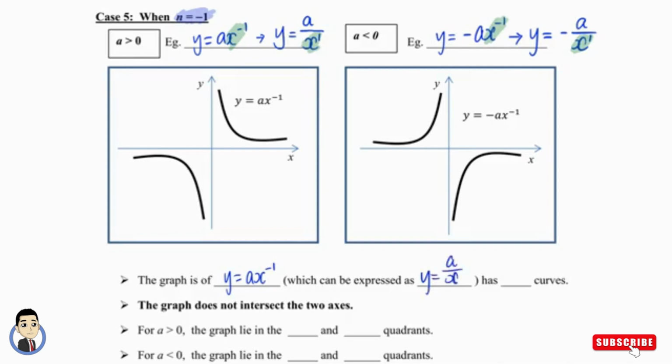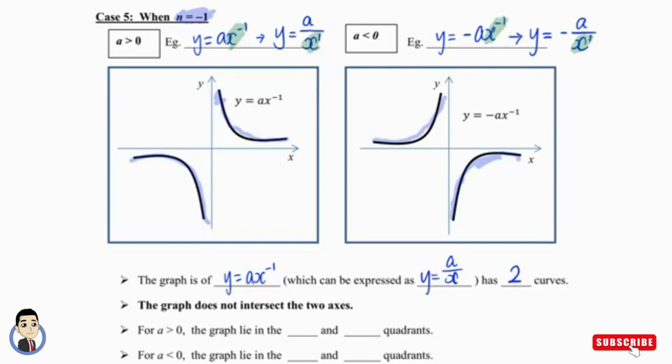Notice for both cases, whether a is positive or a is negative, it has two curves: 1, 2. Same goes for the case where a is negative: two curves.